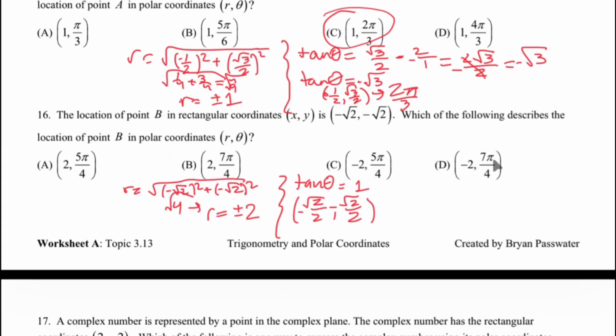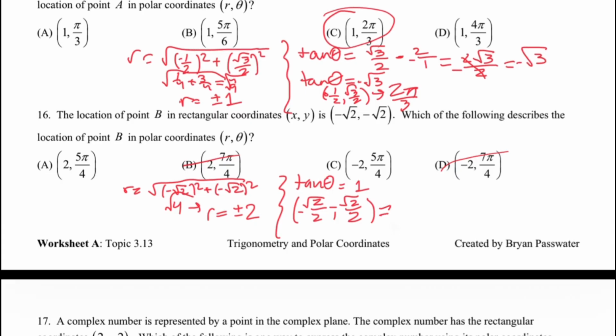If we check here, times 3 here, that's 15 pi over 12, which is in quadrant 3. So 7 pi over 4 is quadrant 4. If we check, that's 21 pi over 12. So yeah, it's either A or C.